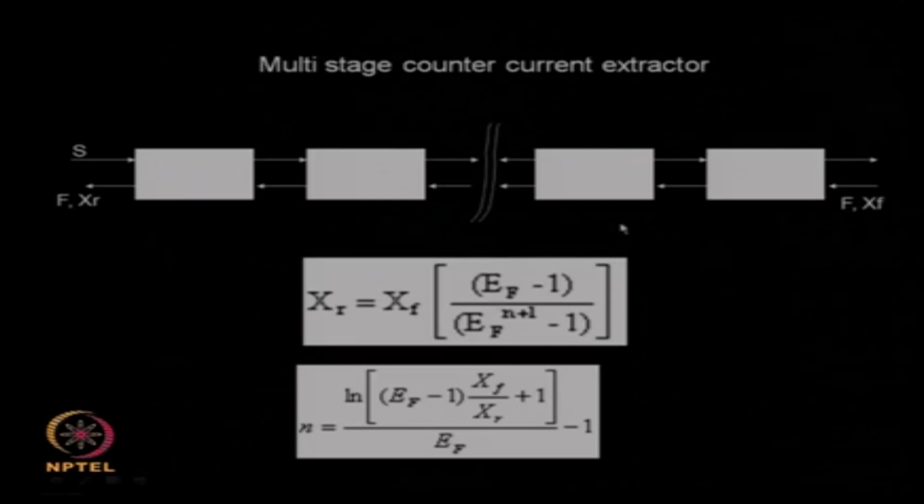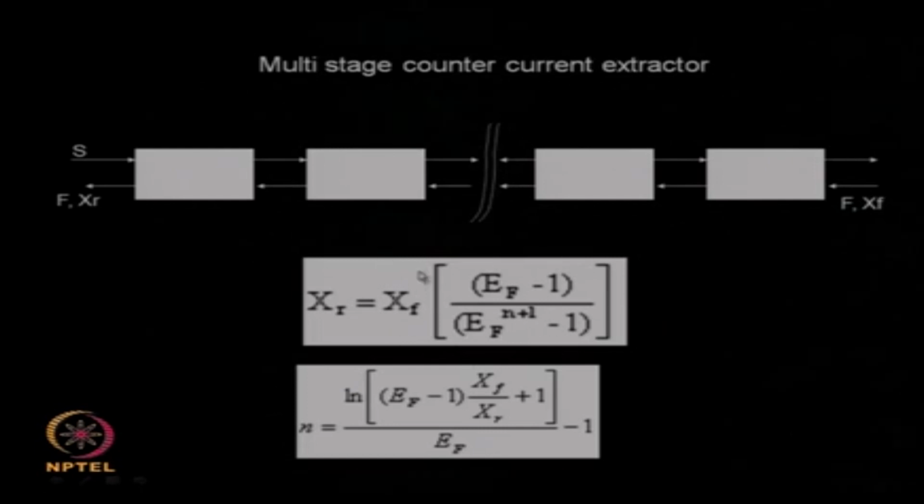So the equation looks like this, where XR is the concentration of the solute in the raffinate, XF is the concentration of the solute in the feed. So there will be a massive decrease in the concentration from XF to XR because of this particular term, EF minus 1 divided by EF to the n plus 1 minus 1, okay.